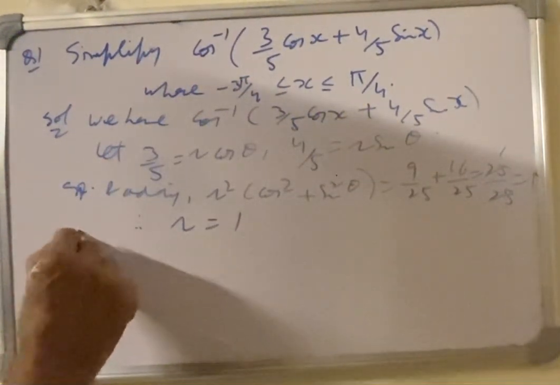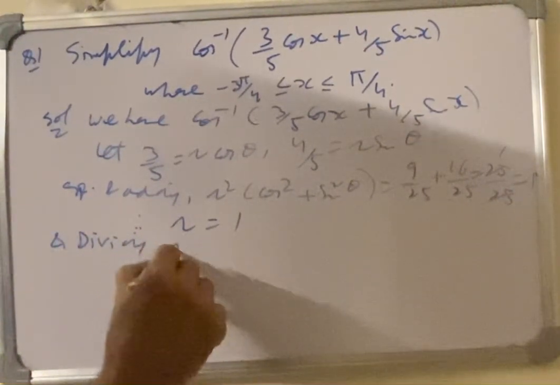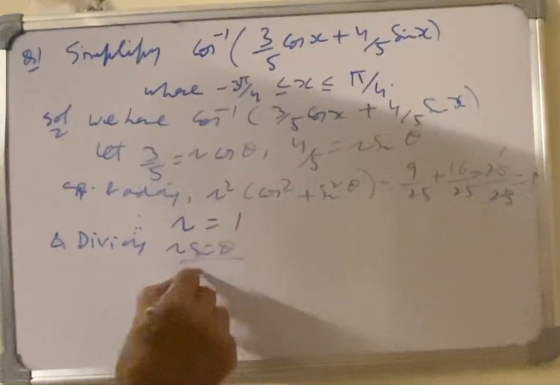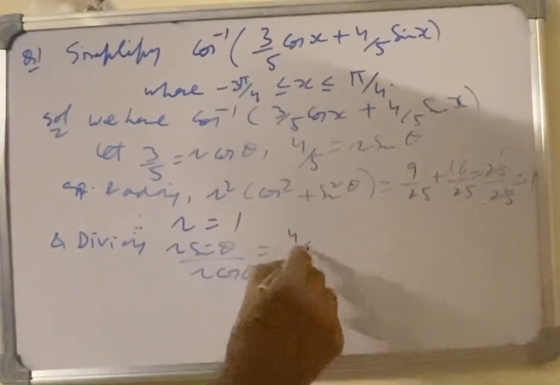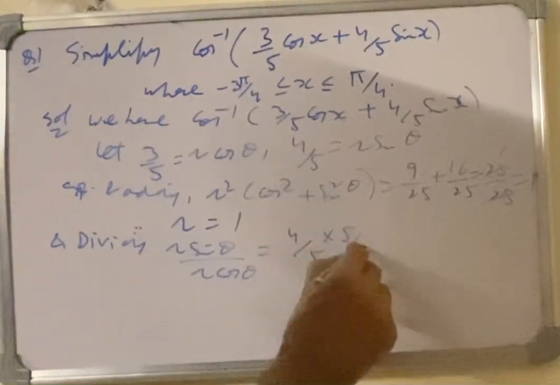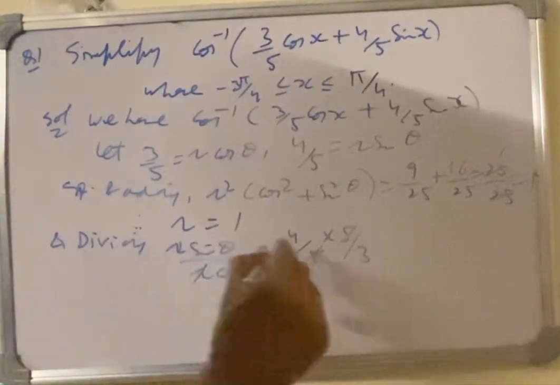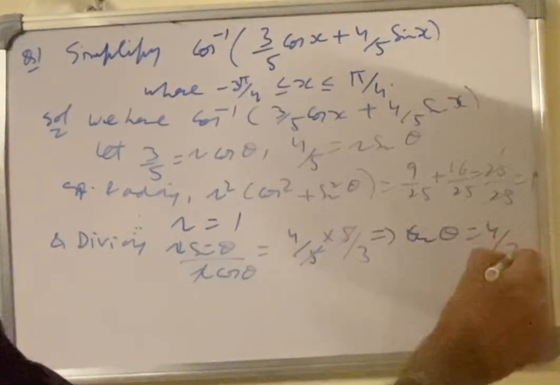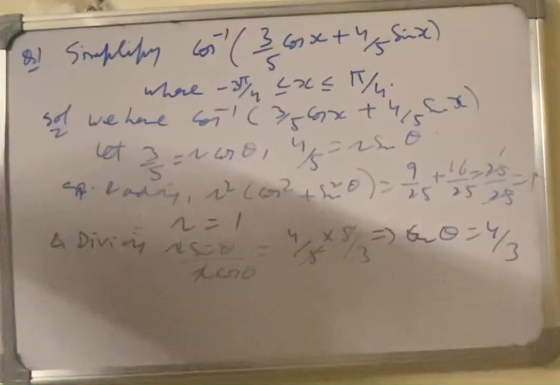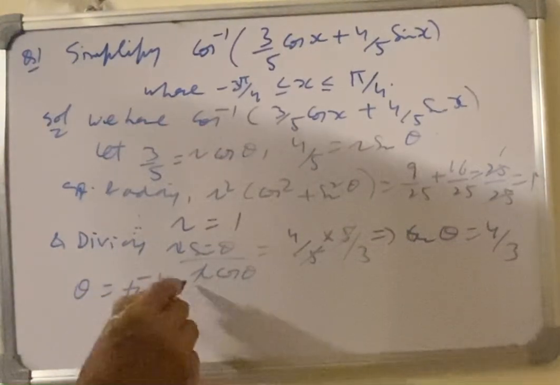And dividing, we have r sin theta over r cos theta is equal to 4/5 into 5/3. Therefore, tan theta is equal to 4/3. Theta is equal to tan inverse 4/3.